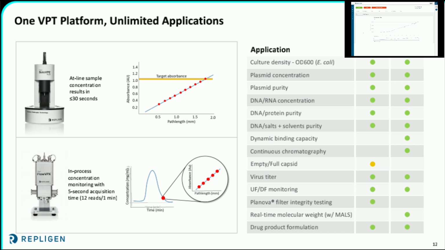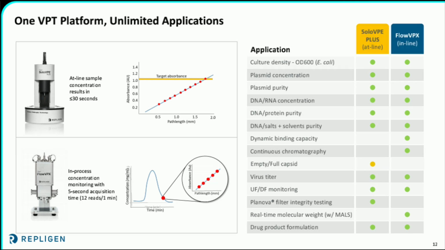One of the benefits that people will see in general is applicability to a wide range of applications. You can see here that we've got our Solo VPE Plus, which we've newly launched to replace our Solo VPE system. Basically our Solo is our at-line system where you take measurements and then get a singular concentration reading, and below it our FlowVPX, which was our iteration of inline.